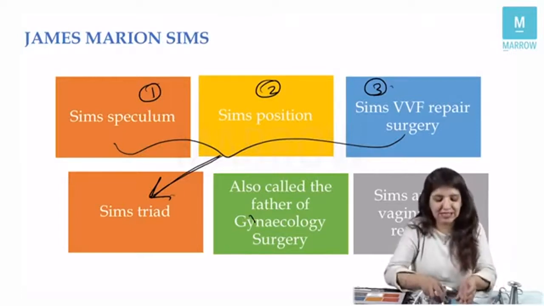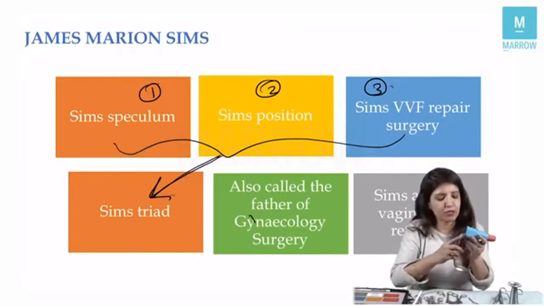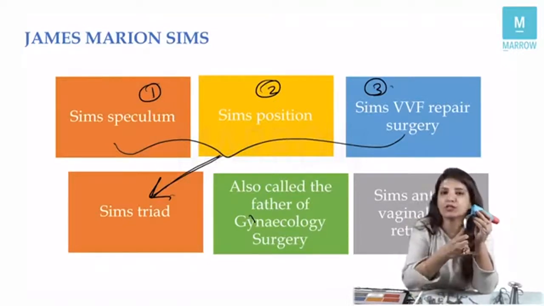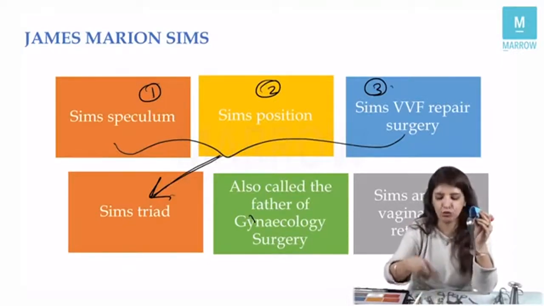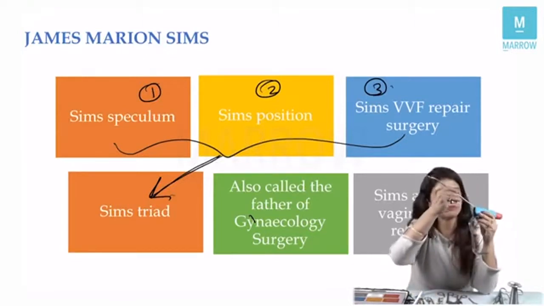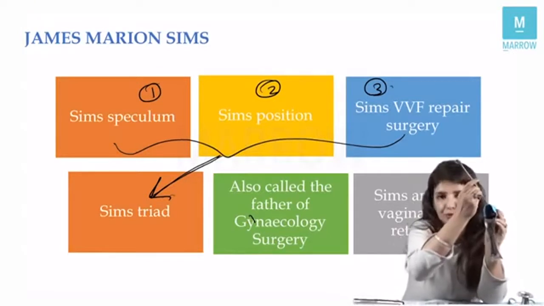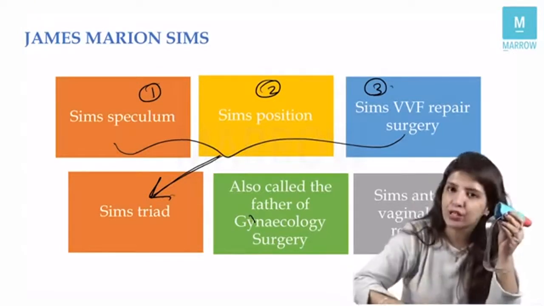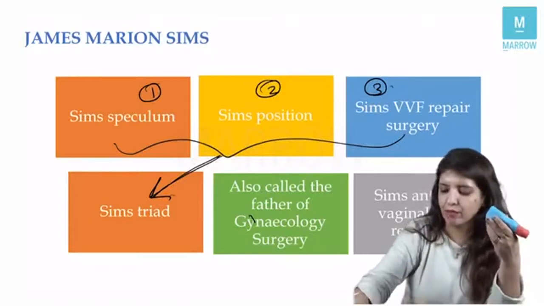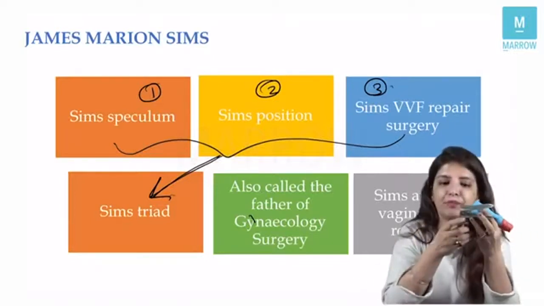Now, the biggest disadvantage of a SIMS speculum is that it is non-self-retaining. So, if I am using a SIMS speculum and I am using the anterior vaginal wall retractor, I will need assistance, right? This disadvantage can be overcome if I am using this speculum.